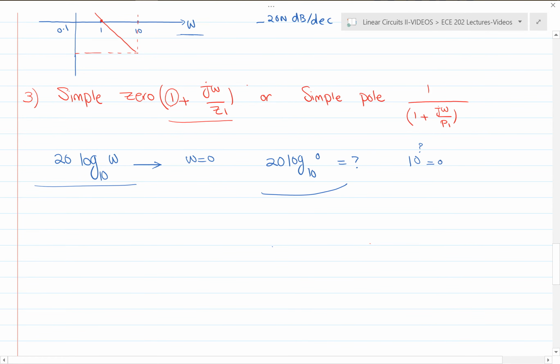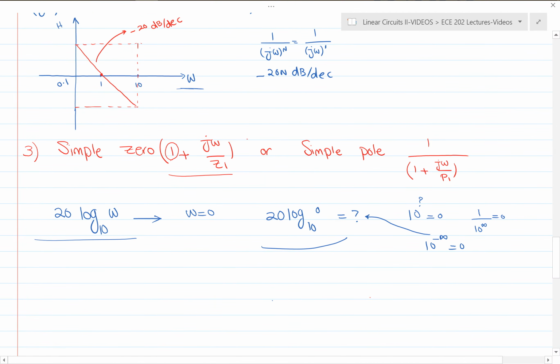How can 10 to the power of something be equal to 0? So for sure, this should be 1 over 10 to the power of infinity equal to 0, correct? So 10 to the power of negative infinity is equal to 0, okay? So this value is negative infinity. So when frequency is equal to 0 in the semi-log plots, in the frequency plot, it is far away at negative infinity.